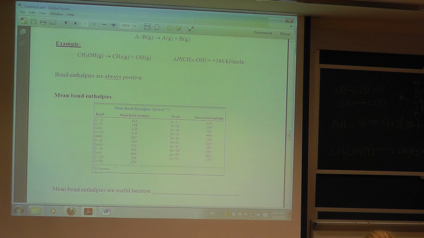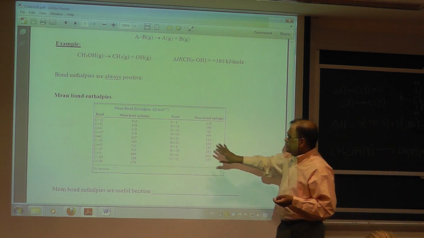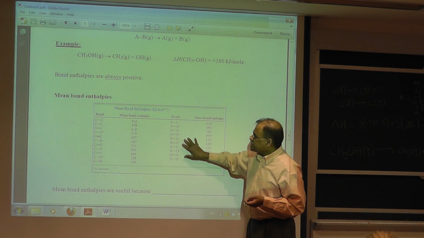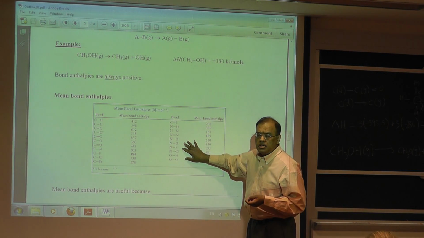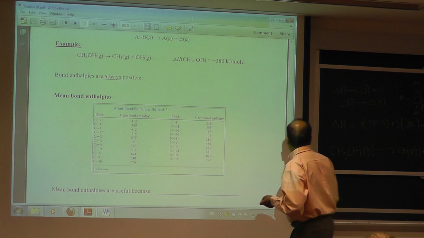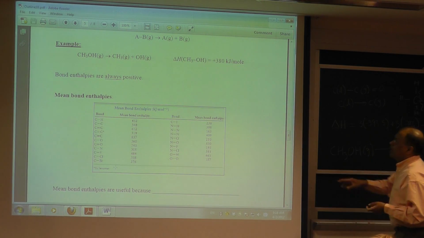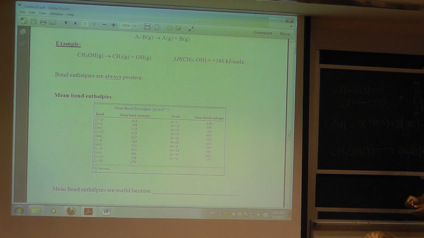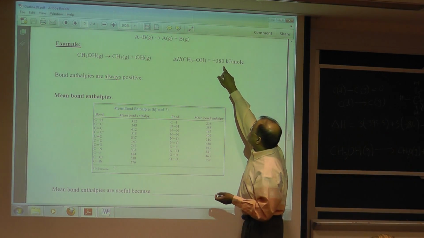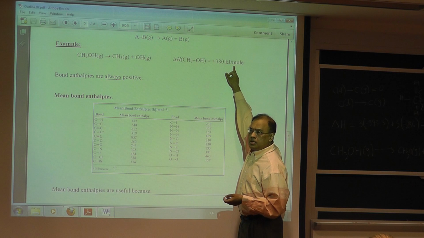Okay, let's look at this table here. It turns out that the CO bond, this CO bond, in this case is plus 380 kilojoules per mole.